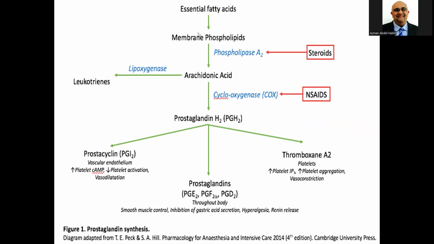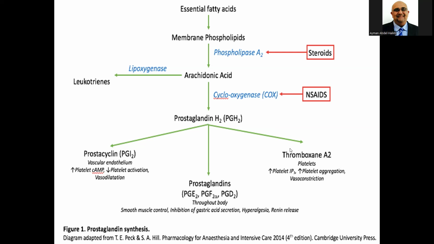Again, I show you this picture at the beginning here. Steroids work on the phospholipase A2. Okay, the NSAIDs work on the cyclooxygenase enzyme that basically causes the arachidonic acid to bring the prostaglandin H2, which basically goes to three pathways: prostacyclin, prostaglandins, and thromboxane.